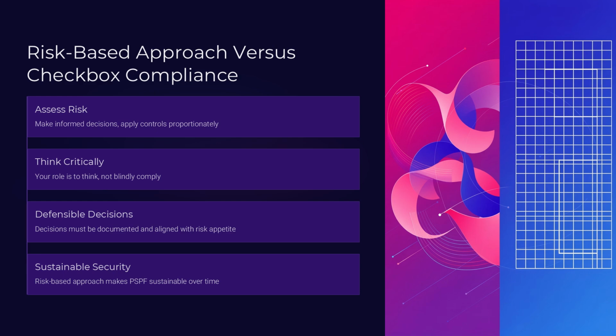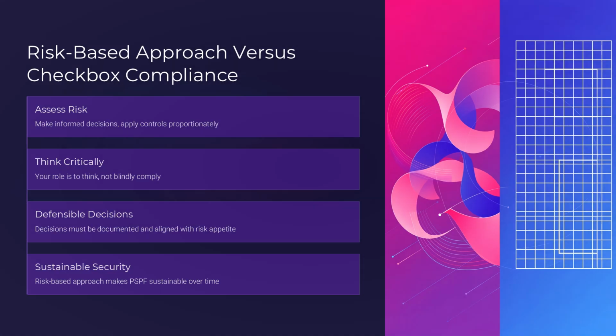For you as a cybersecurity professional, this is empowering. It means your role is to think critically, not blindly comply. It also means your decisions must be defensible, documented, and aligned with organizational risk appetite. This risk-based approach is what makes PSPF sustainable over time.